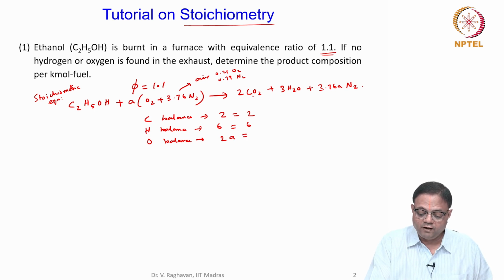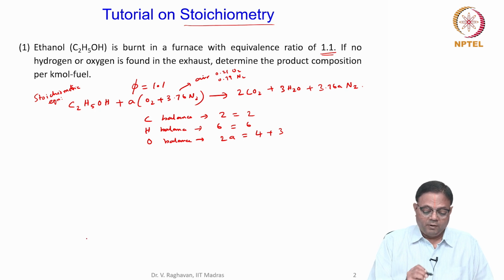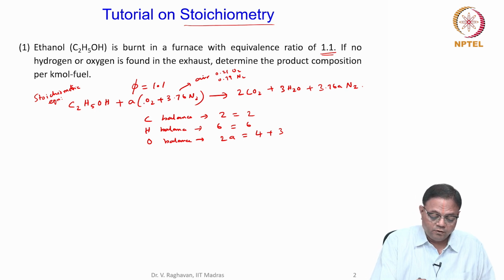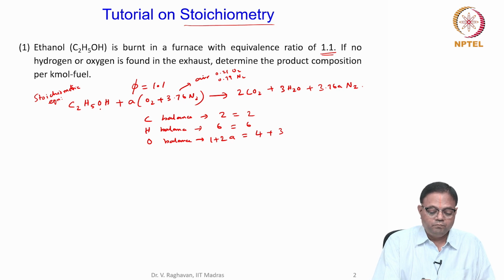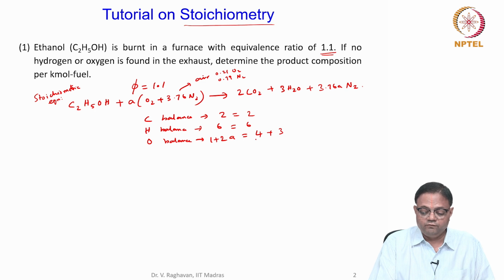In the right hand side, I will have the O atoms: 2 into 2, 4 plus 3. But in the left hand side, 2 O is in the oxygen side, but in the fuel there is 1 O. So I have to take 1 plus 2A. 1 in the fuel itself plus 2 into A in the oxidizer. But in the right hand side, I have 4 O atoms in CO2 and 3 O atoms in H2O.